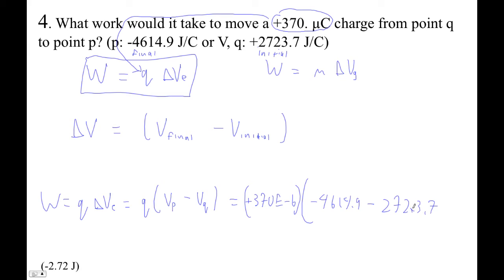Okay, so here we go. 370 E minus 6, times left parenthesis negative 4614.9 minus 2723.7.